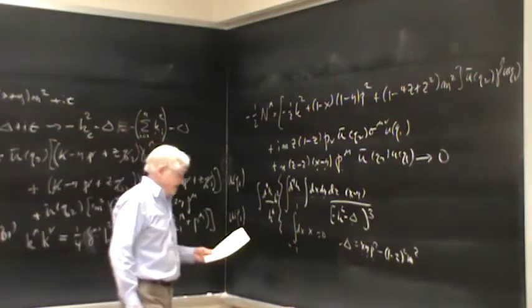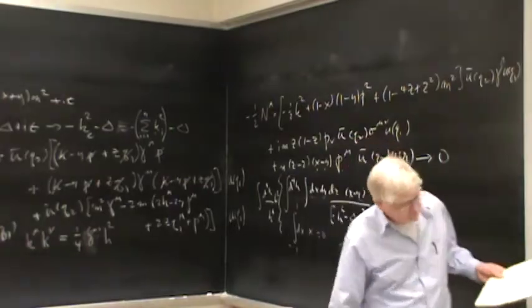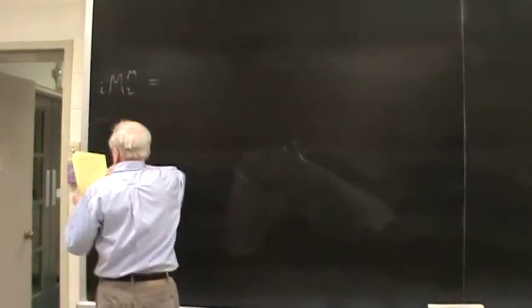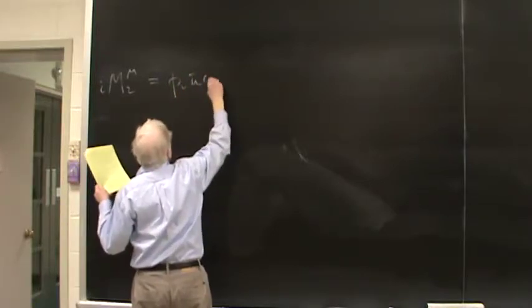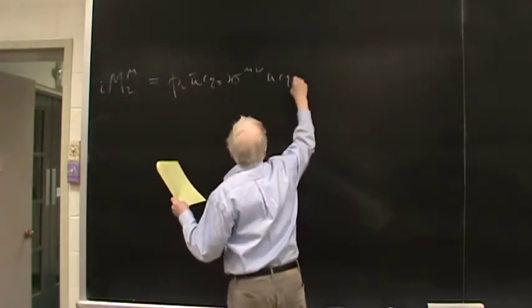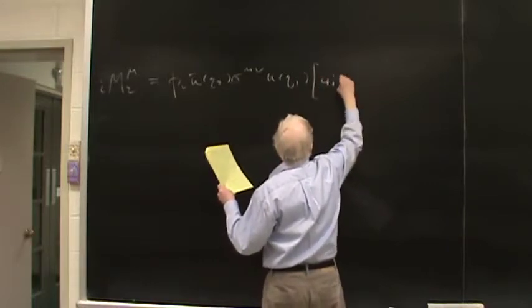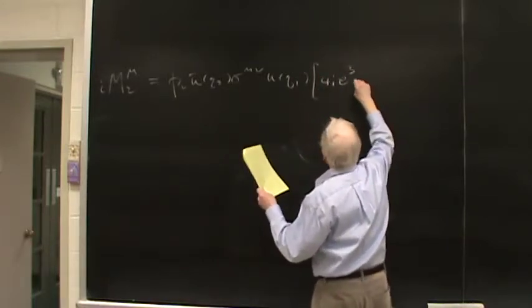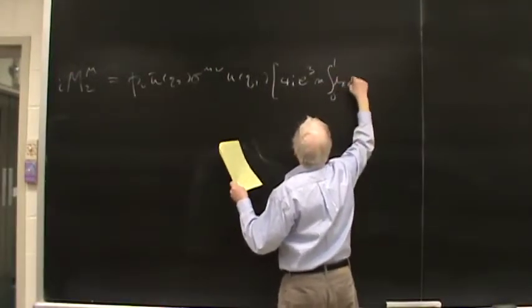All right, so what we're down to is this term, and this is I m2 mu, and this turns out to be p nu u bar q2 sigma mu nu u of q1, and then that's multiplied by 4I E cubed m, integral 0 to 1 dx, dy, dz.